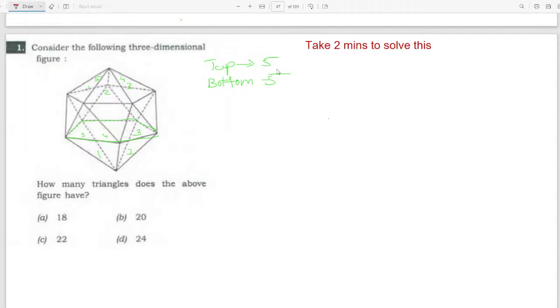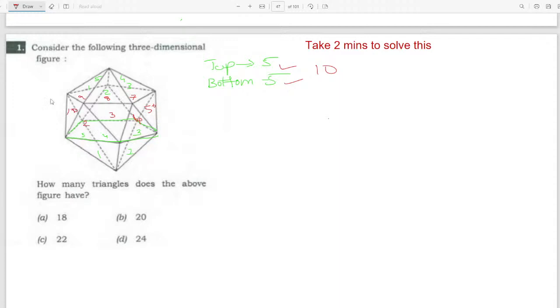Top 5 and bottom 5, so total 10. Now we have the sides. In the sides, this is 1, this face is 2, this face is 3, this is 4, this is 5, and then on the other side this one is 6, 7, the back side is 8, this is 9, and this behind side is 10.